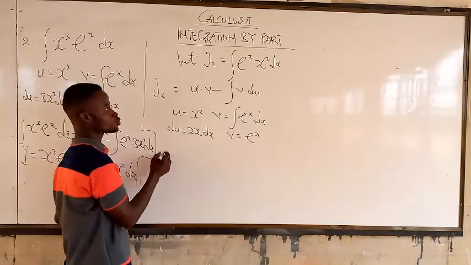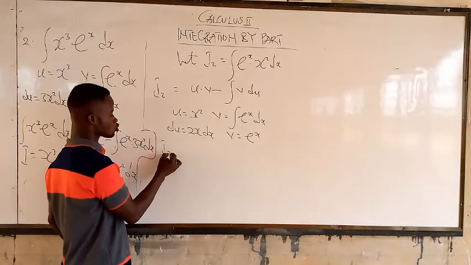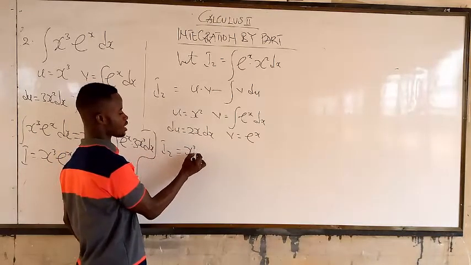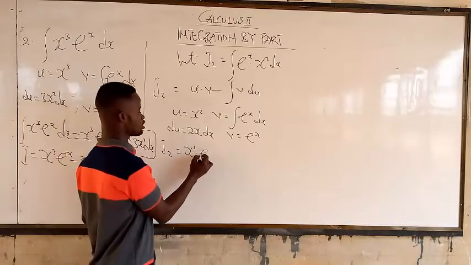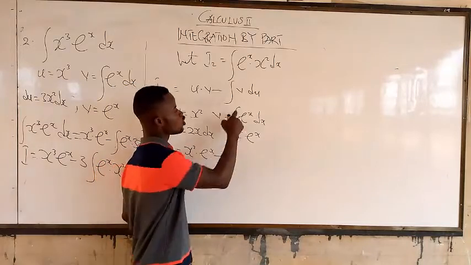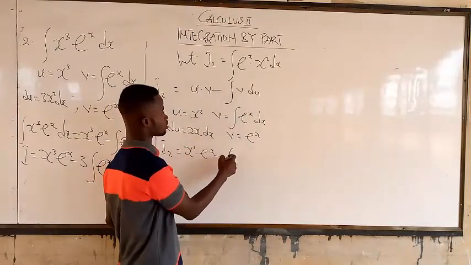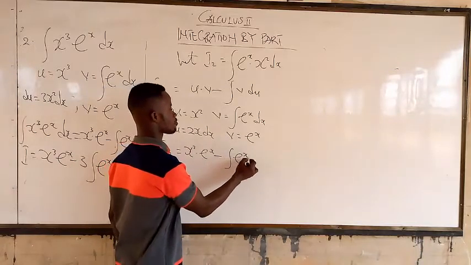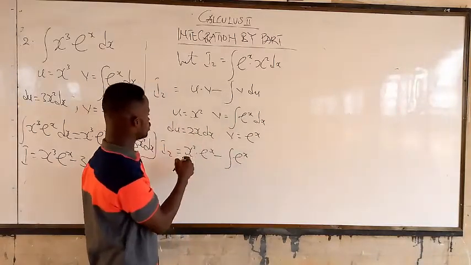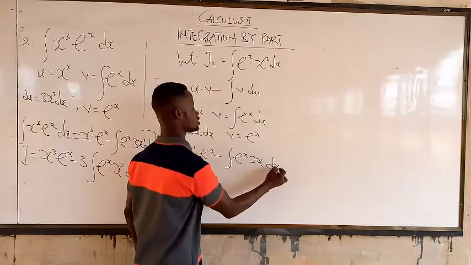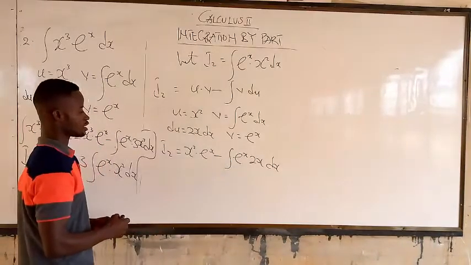So by substitution, I2 is going to be equal to u, which is s squared, times v, e raised to the power s, minus the integral of v, and v is e raised to the power s, then du, and du is the whole of this, 2s ds. I hope you can see that.